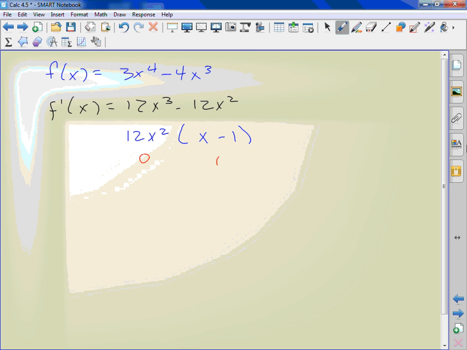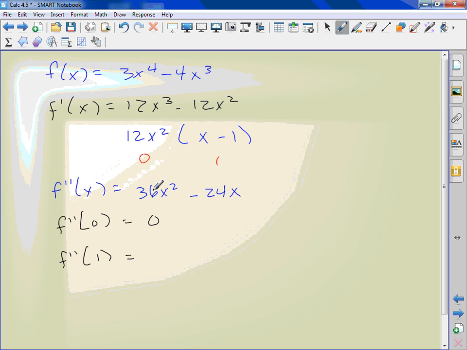Okay. Now I take the second derivative. 36x squared minus 24x. Substitute in the 0, substitute in the 1. Let's see. 0 minus 0 gets me 0.